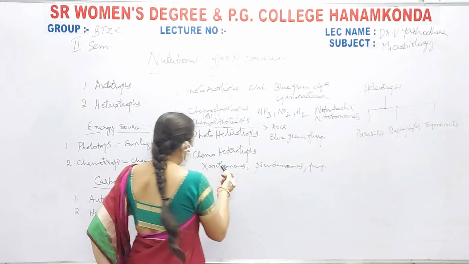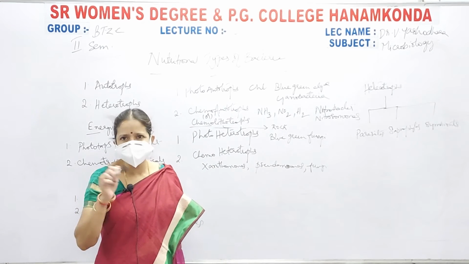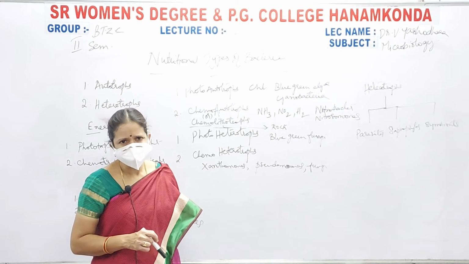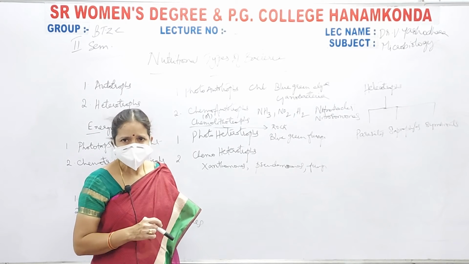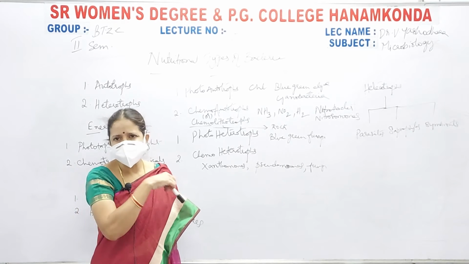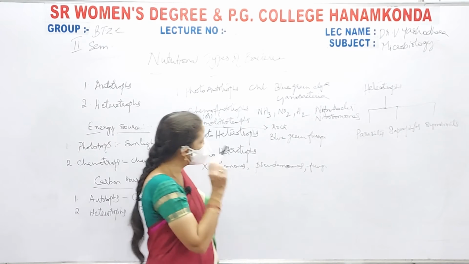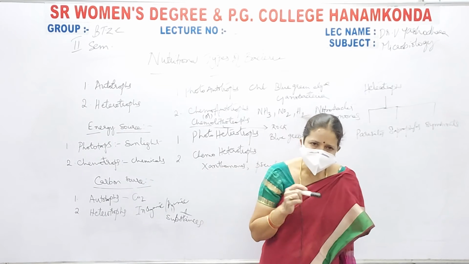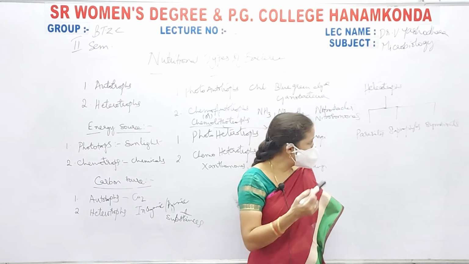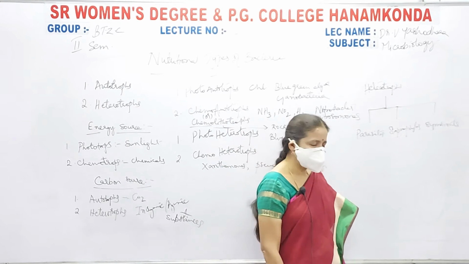That means anyway you know that heterotrophs are the organisms that are dependent on other organisms for their food. If they are dependent on other organisms for their food material, by what manner or mechanism are they absorbing the food material from other organisms? Based on that, for the consumption of their food, what are the different types of feeding patterns? One is parasite.